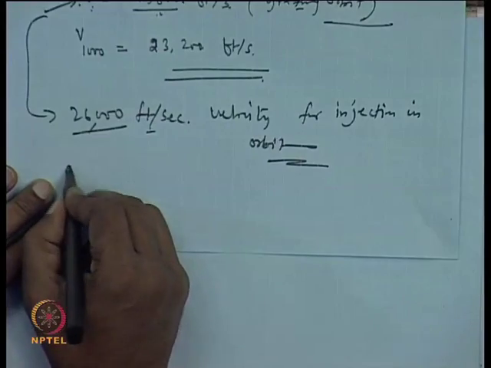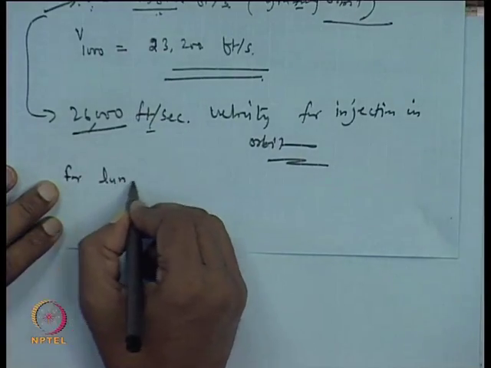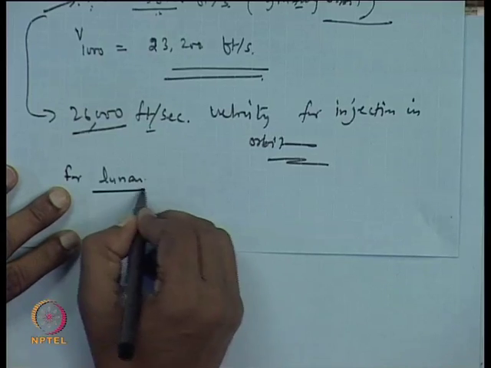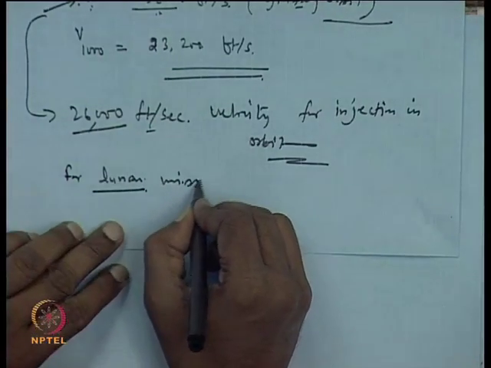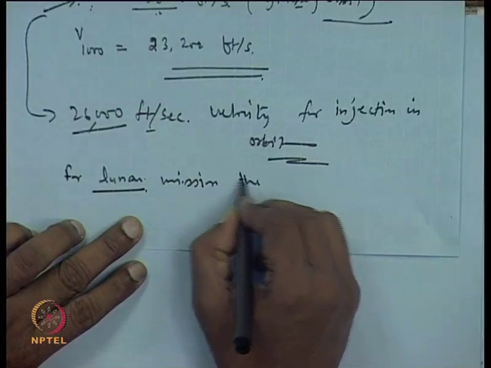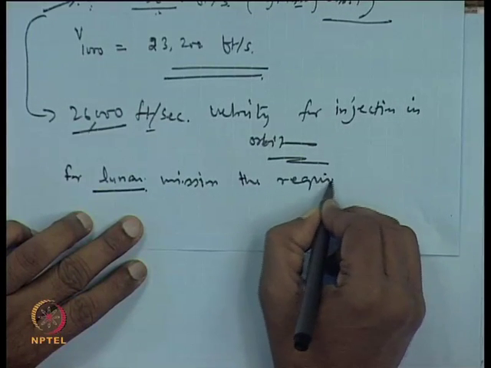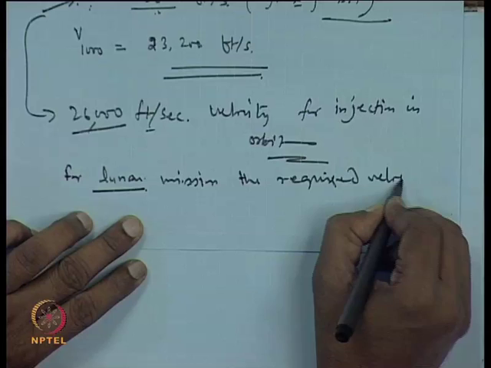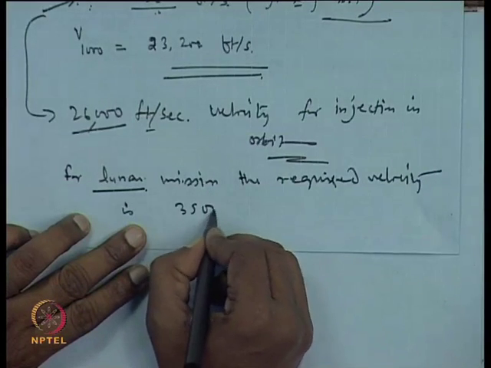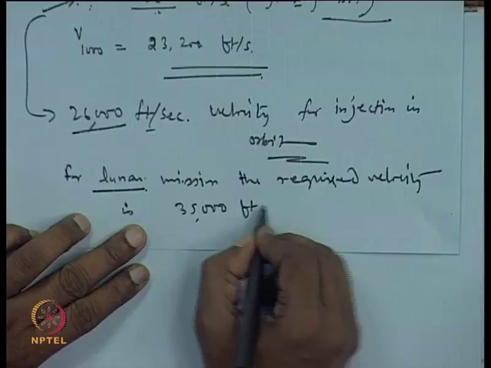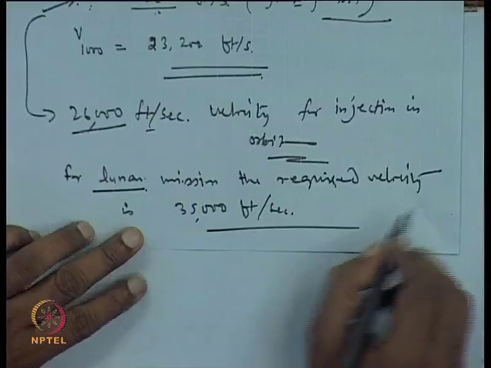And for lunar injection, for a lunar mission, the required velocity is 35,000 feet per second.